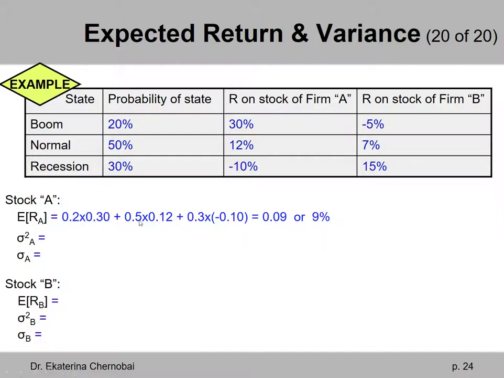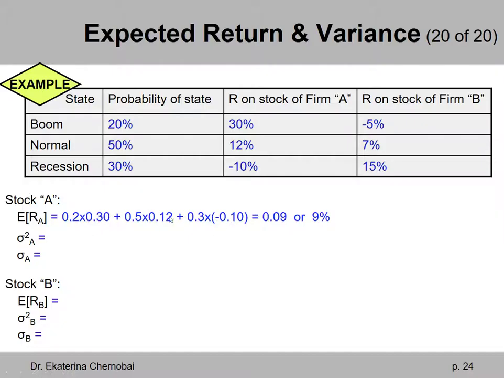Then we add a similar product for the normal state. The probability of normal is 50%. The return on stock A in the normal state is 12%. So I'm adding 0.5 times 0.12. And then I'm adding the same product for the last, the recession state. 30% probability, or 0.3, multiplied by negative 10% return, or negative 0.1 in decimals.